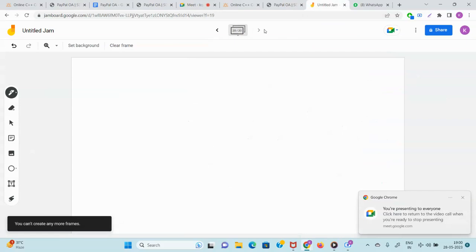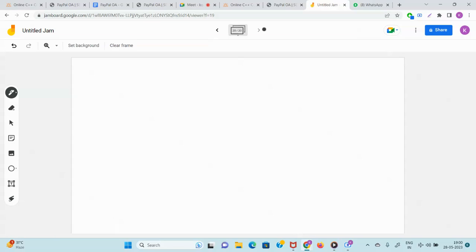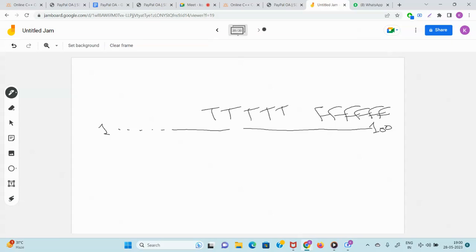So the things are like this, right? There are some values from 1 to 100. Okay, these values are false and these values are true and these values are false.